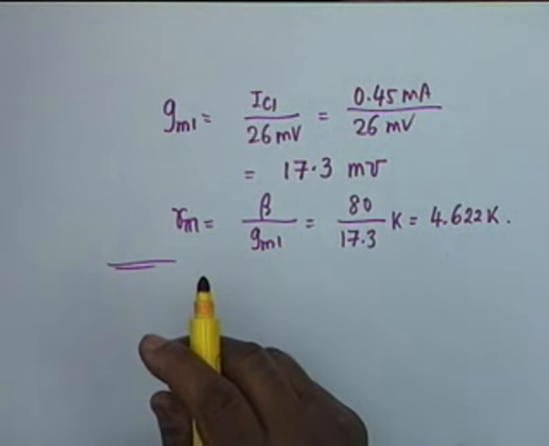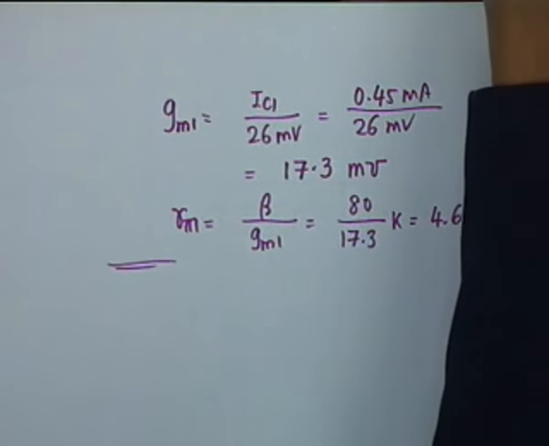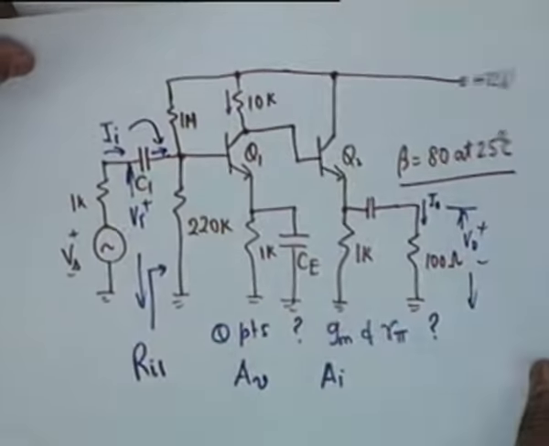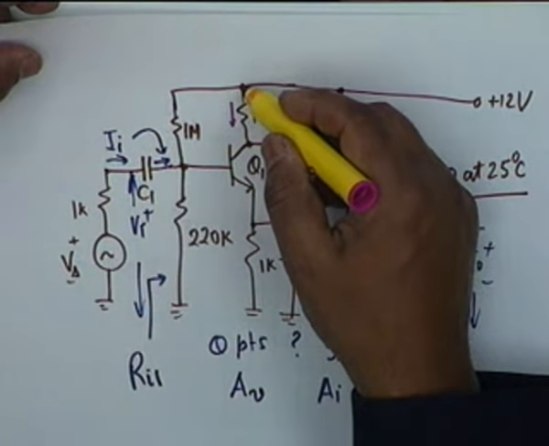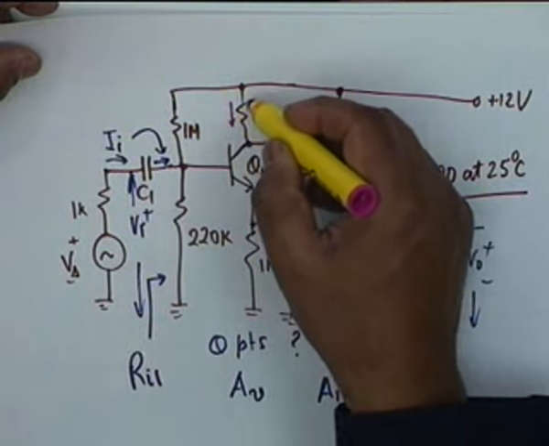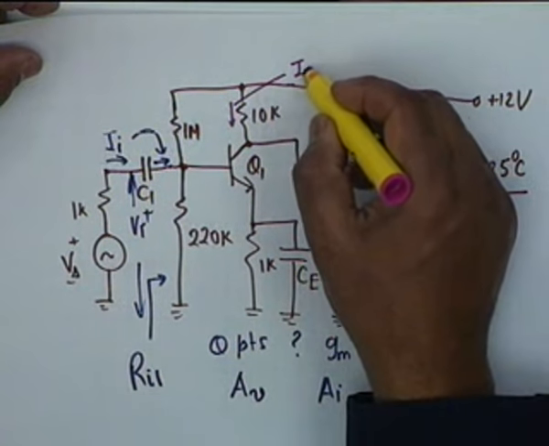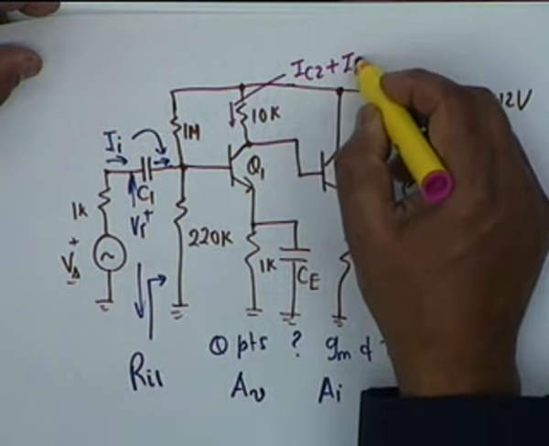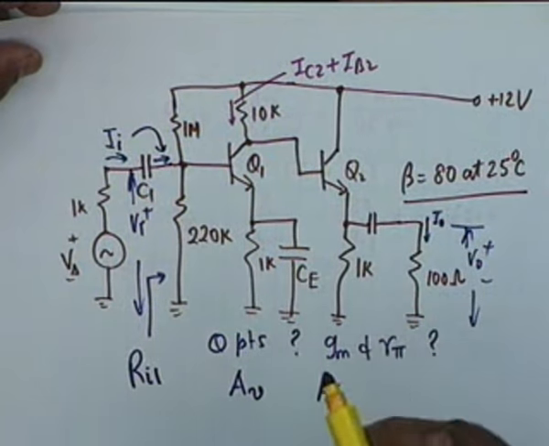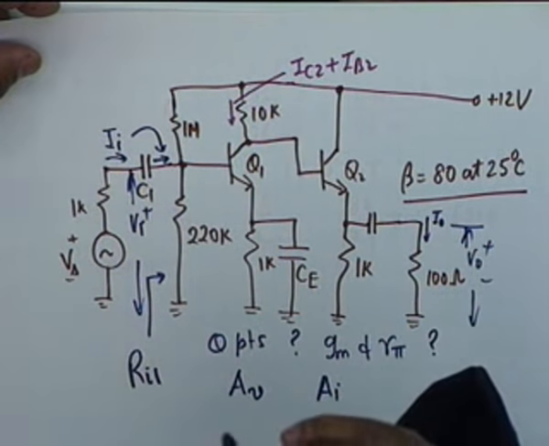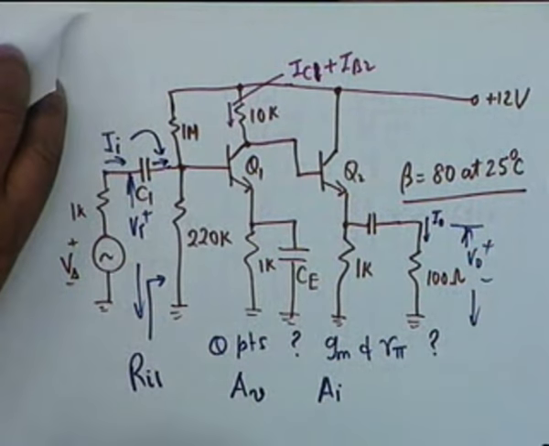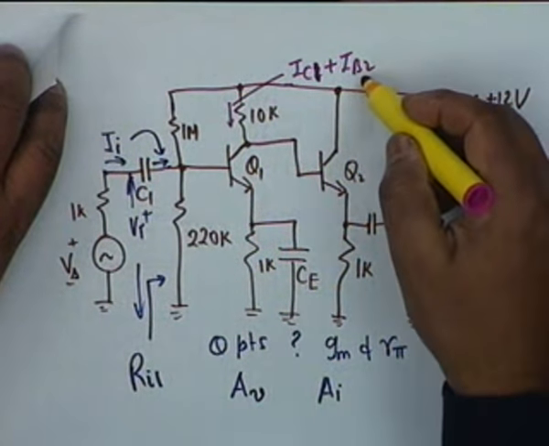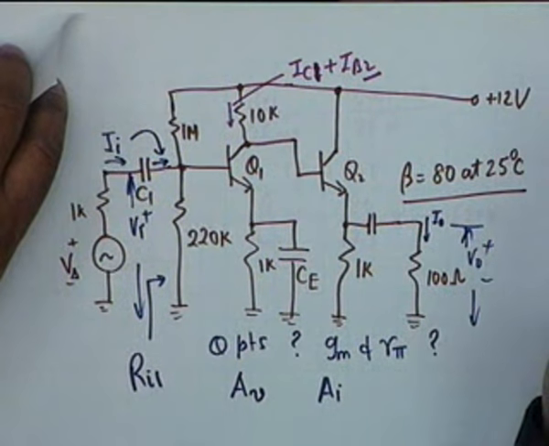For Q2, to calculate the base current, let's go back to the circuit. You see, this current is IC1 plus IB2. Since we are calculating IB2, let's not ignore IB2 anymore.